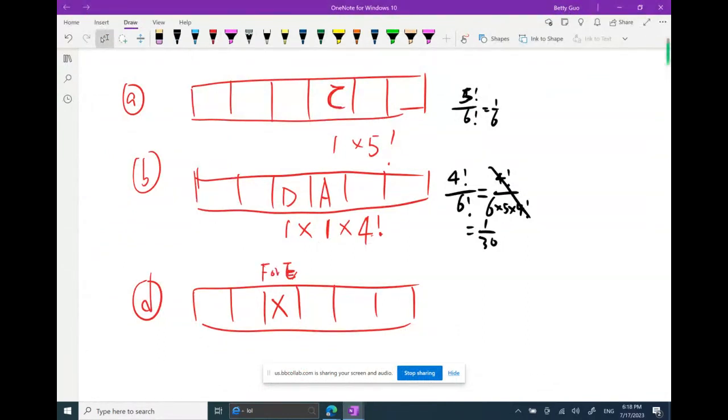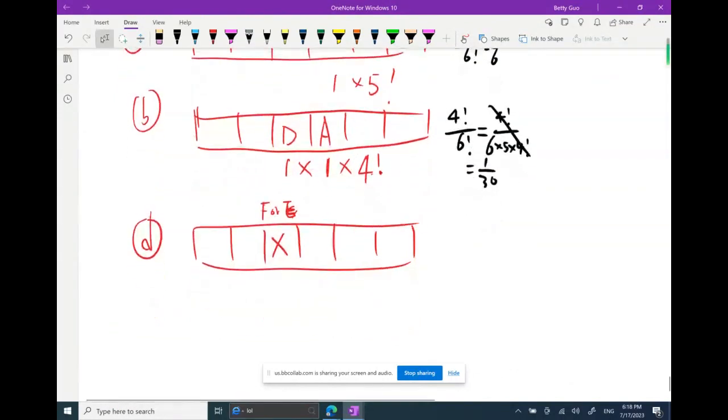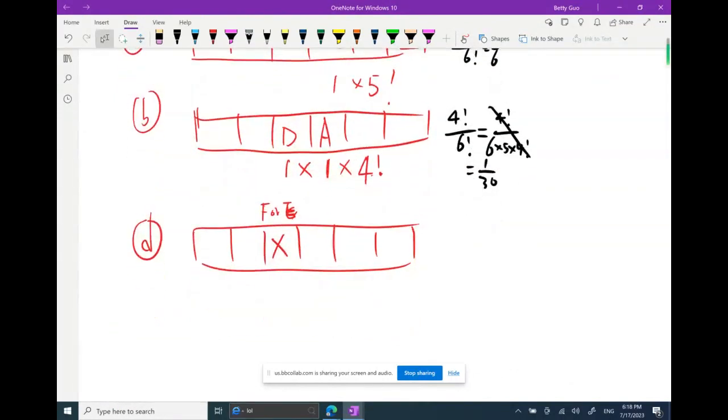Okay, so we're going to need 2 steps to complete the task. Your arrangements have F or E on the 3rd slot, and you can arrange the 3rd slot first, right? You either put F there or you put E there, so you have 2 options. This is different from the previous 3 parts.